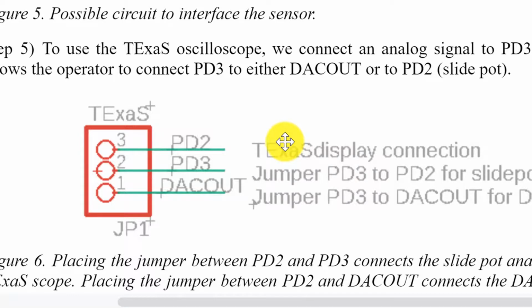In order to make it flexible, we'll put a jumper on the board that allows you to connect the scope either to the slide pot here on PD2 or your DAC output from Lab 6. So this will be a 3-pin header, which you stick a 2-pin jumper in, either between 1 and 2 or between 2 and 3.